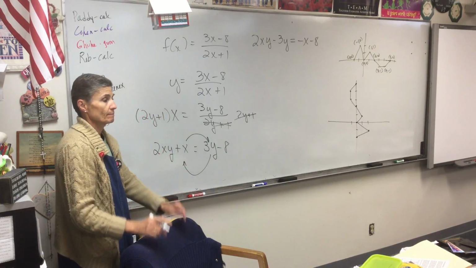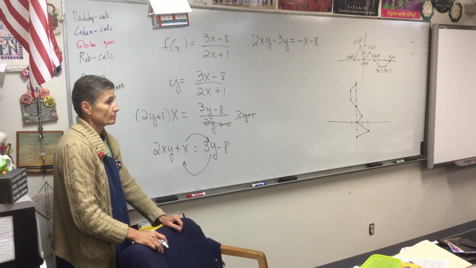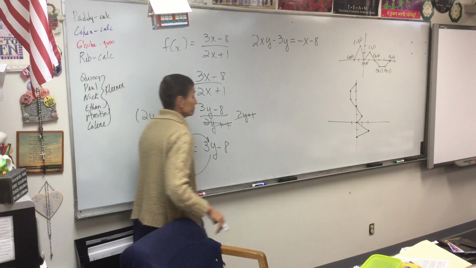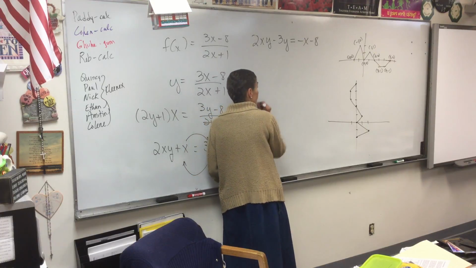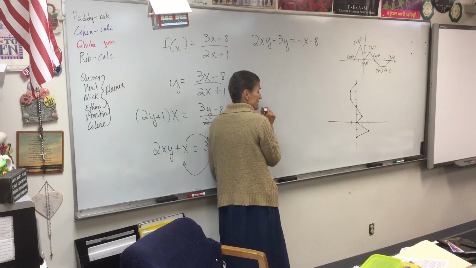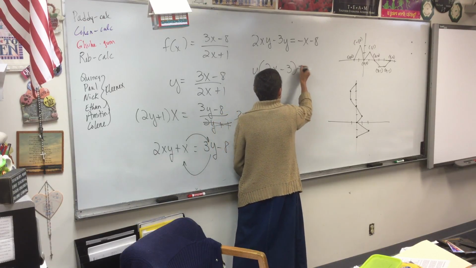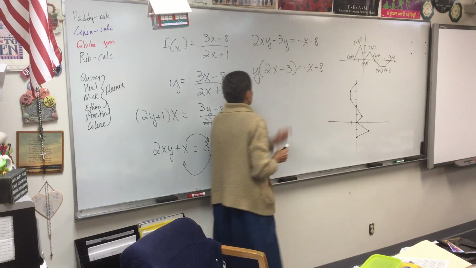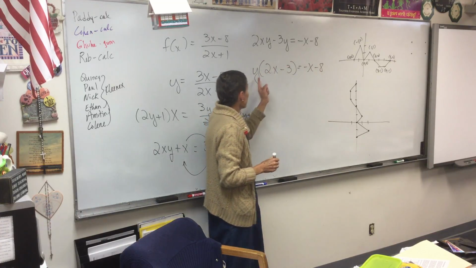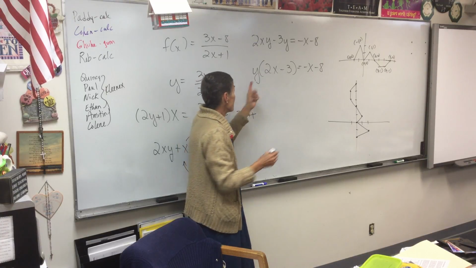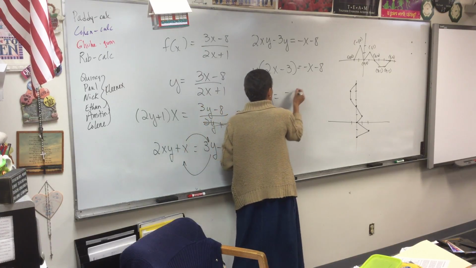Switch places. Now that all the y's are on the same side, what can I do? This is a key step. I need to pull out the y. I need to factor out the y. So now that I have them on the same side, I'm going to take them out. And then I will do my division.